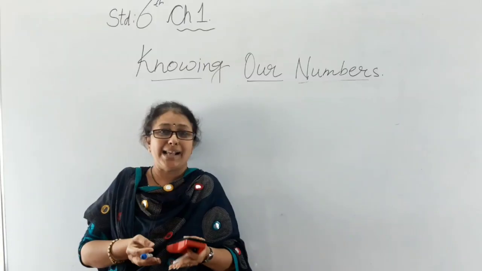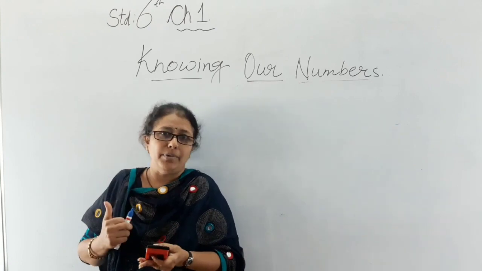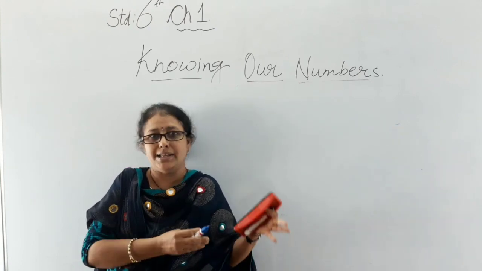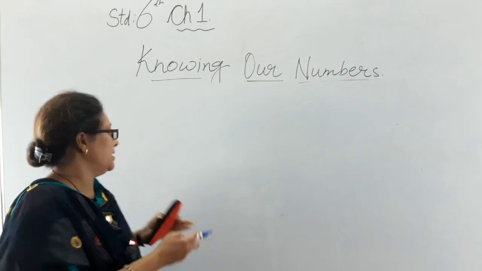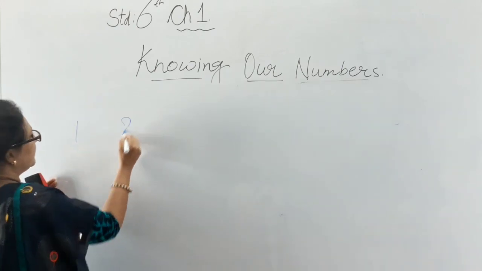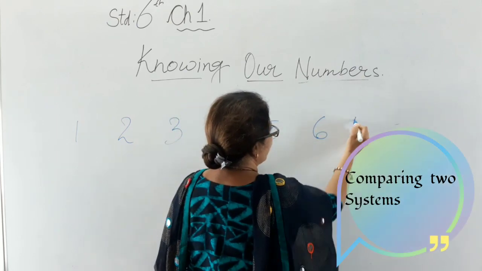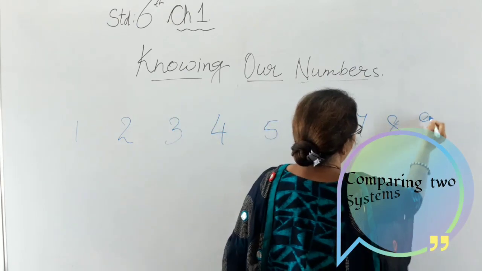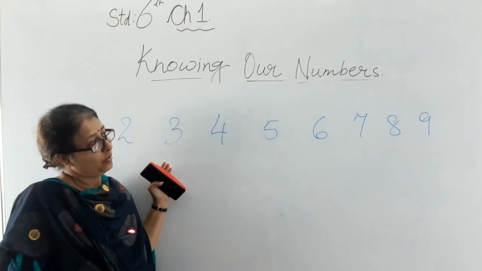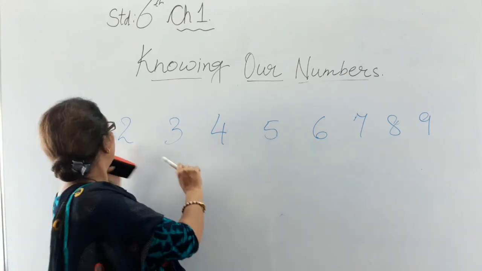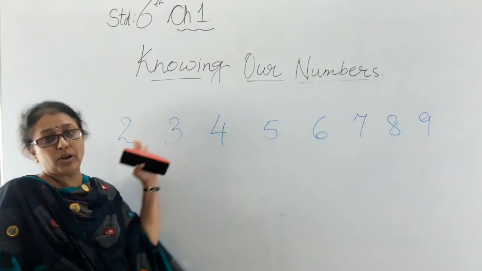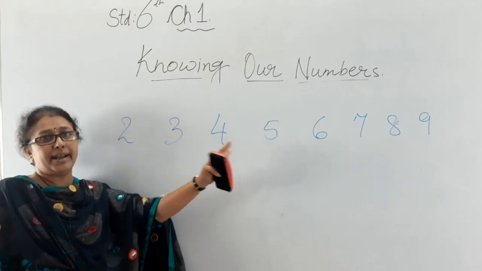Now I'll give you one example by writing the number and showing you the difference between the Indian system and the international system. For example, let me take the digits 1, 2, 3, 4, 5, 6, 7, 8 and 9. So it is totally a 9-digit number because I have started from 1 and ended at 9.